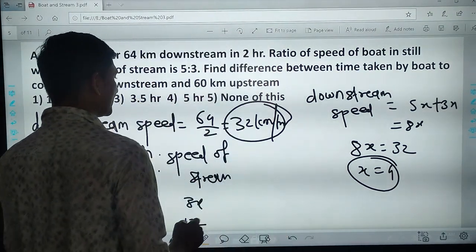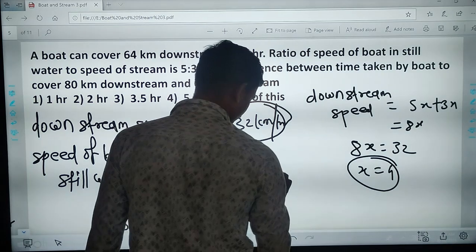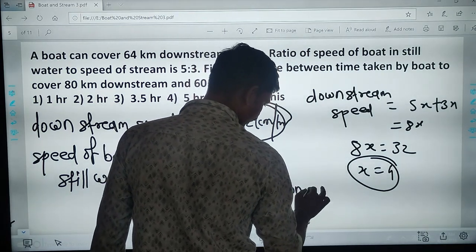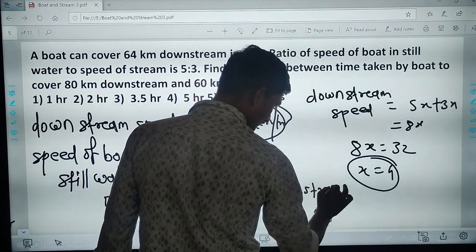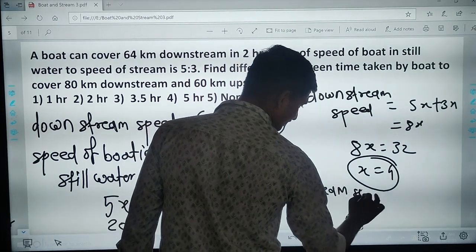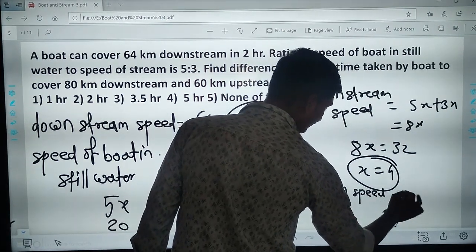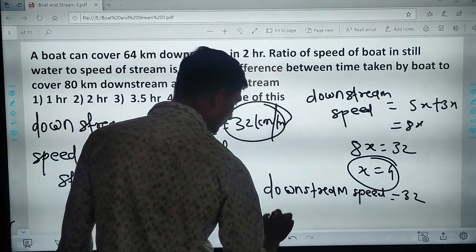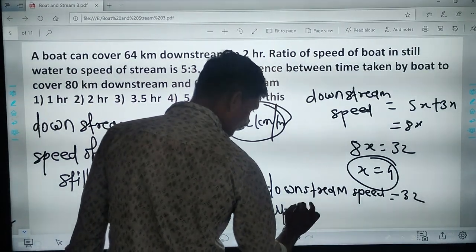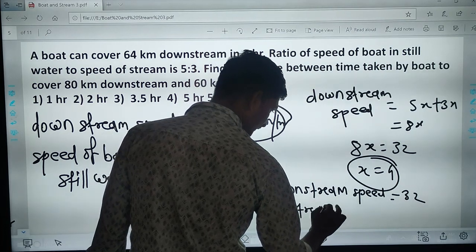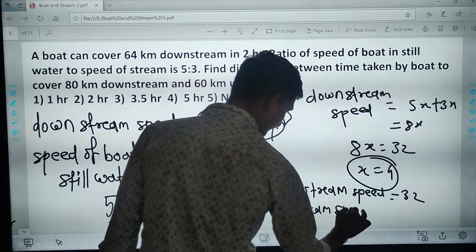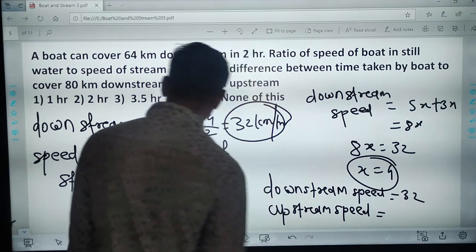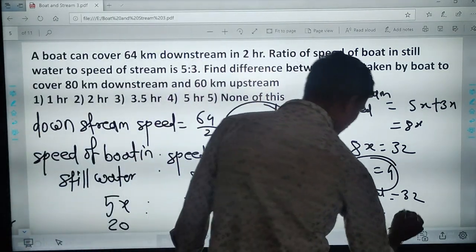Downstream speed is 32, and upstream speed is the subtraction of these two.